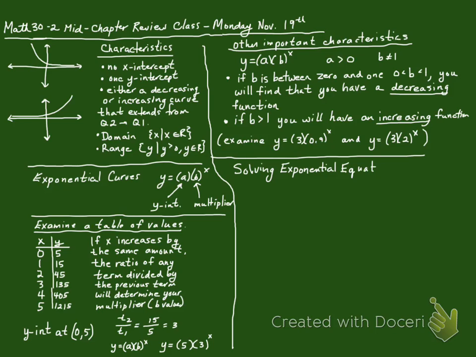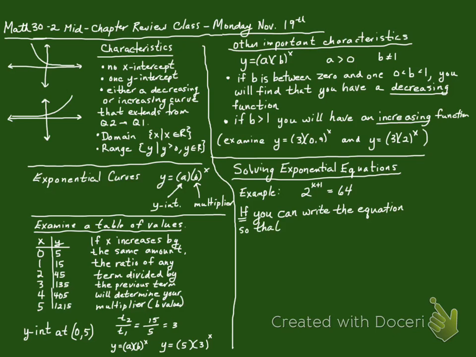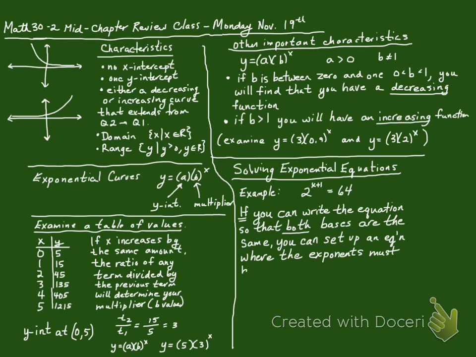Lastly, what we learned was solving exponential equations. For example, 2 to the power of x plus 1 equals 64. If, and that's a big if, you can write the equations so that both bases are the same, you can set up an equation where the exponents must be equal.